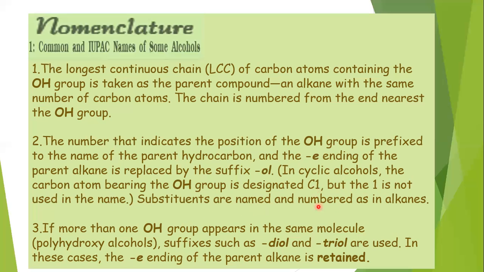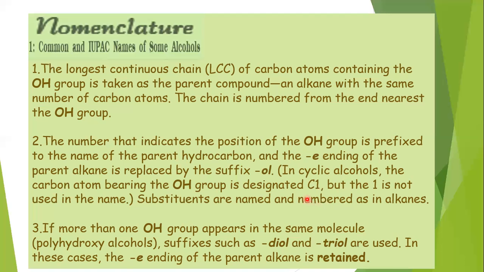Substituents are named and numbered as in alkanes. If that cyclic compound contains any other branch, side chain or substituents, they should be named and numbered similarly, by the same rule as in alkanes.